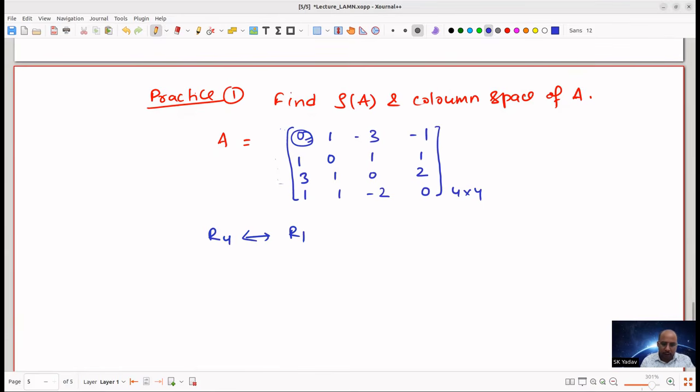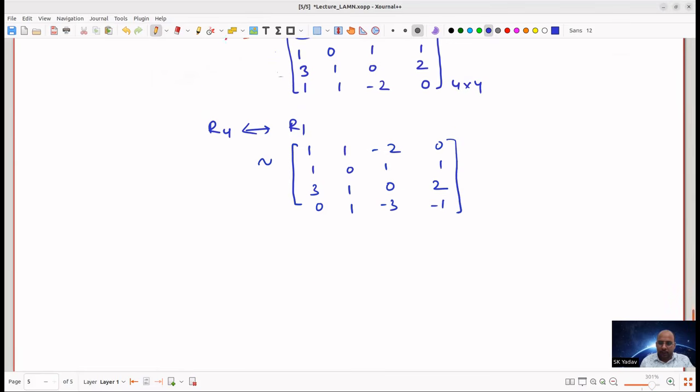So what will be the new matrix? This I can write now as 1, 1, minus 2, 0, and then 1, 0, 1, 1, 3, 1, 0, 2, and last one is 0, 1, minus 3, minus 1. This is the new matrix after applying operation number 1. Now here I can easily use this element to make this 0 and this 0.